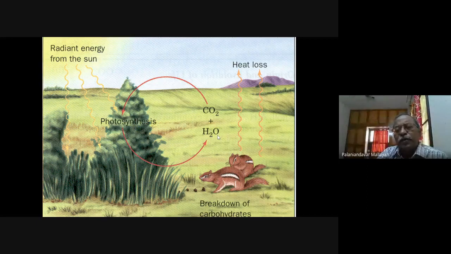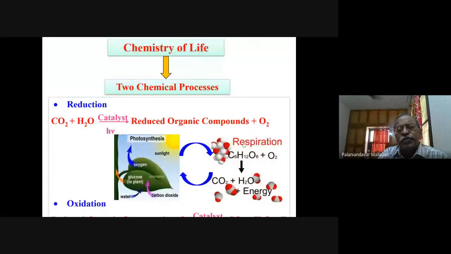In the reverse reaction, dioxygen, which is a byproduct of this photosynthesis, will be used in respiration, or in general in oxidizing the organic compounds, in the presence of catalysts, so that you get back the energy. This energy will be used to drive all the reactions which happen in living systems.